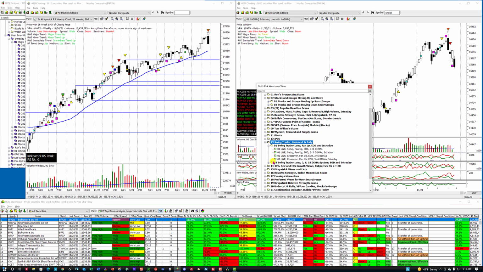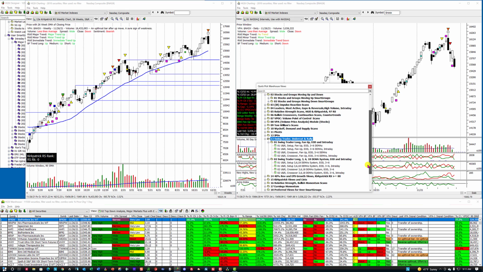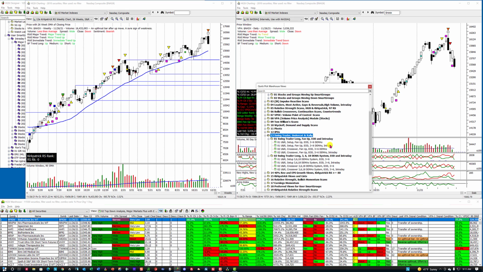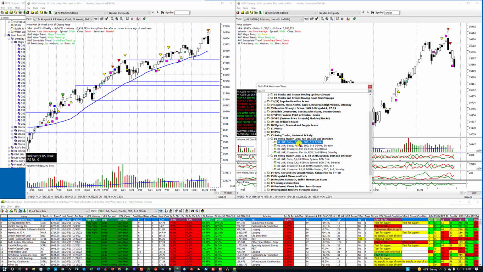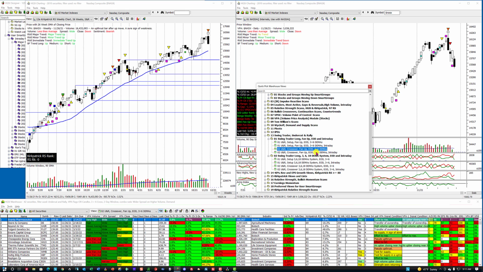I'm using Swing Trader, Undercut, and Rally, my new scans that I put together during the workshop. Undercut and Rally, setup, fan up, end of day. The 3 is below the 6. These are setting up. And then this is a crossover. And then these are the intraday versions.